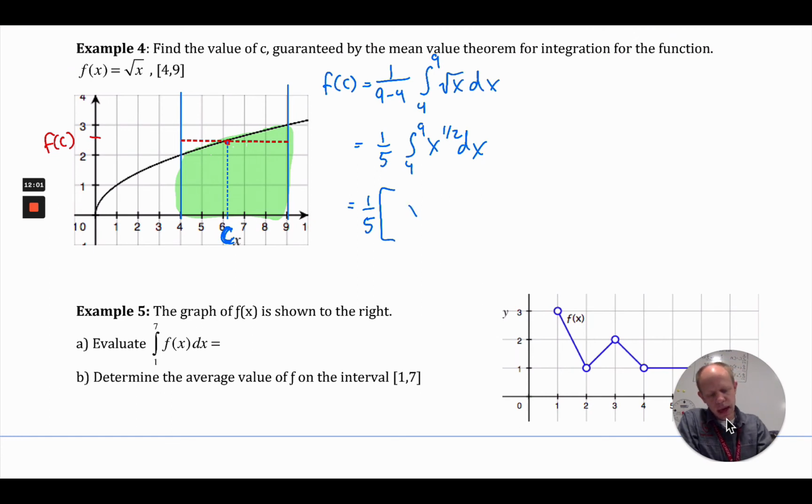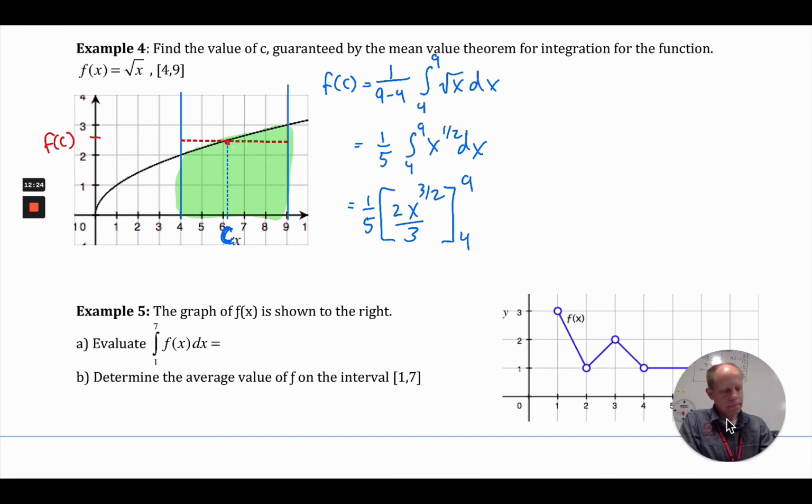So it will go x to the 3/2. And instead of dividing by 3/2, I'm just going to multiply by 2/3 right away. And then we're going to evaluate this from 4 to 9. That basically means we're going to plug in 9 first and then 4 second.